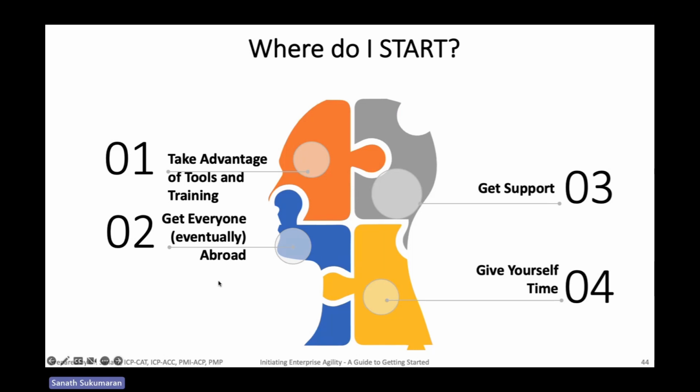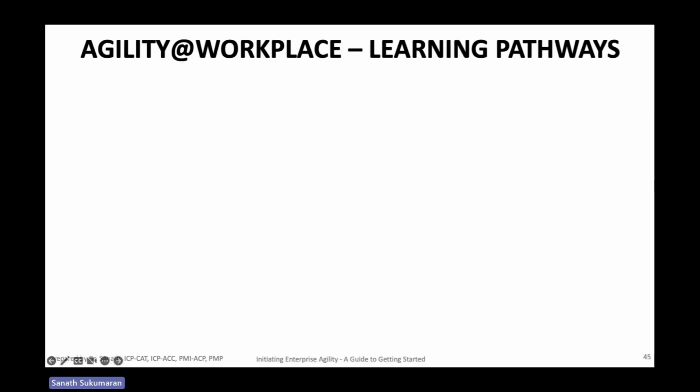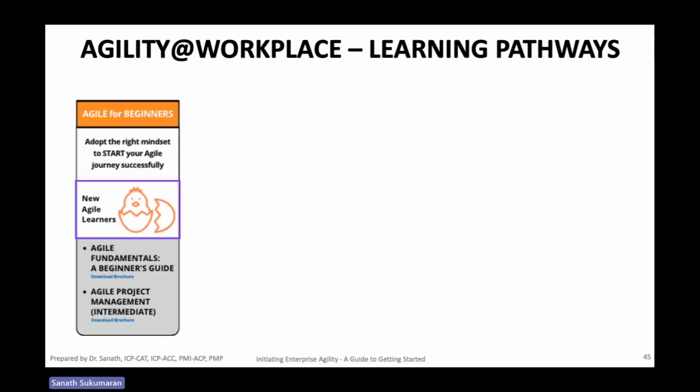So on that way of thinking, I just want to share with you some of the learning pathways that you might want to adopt. And the learning pathways are catered towards various needs. Obviously, there are some people in the organization who just want to get a bit of idea of agility, understand agility from a very fundamental point of view.